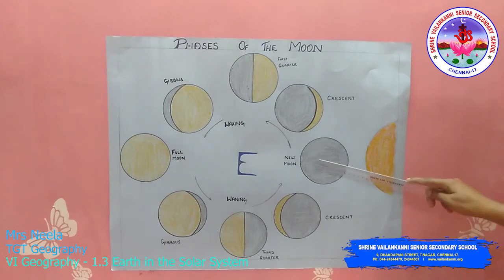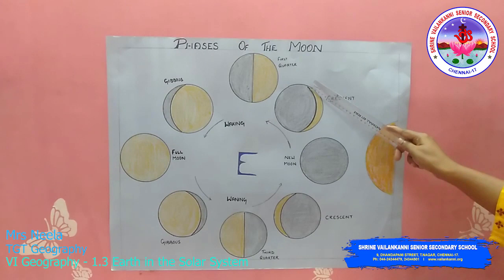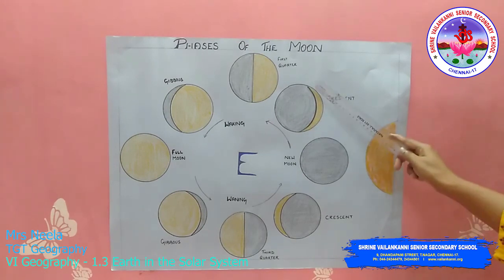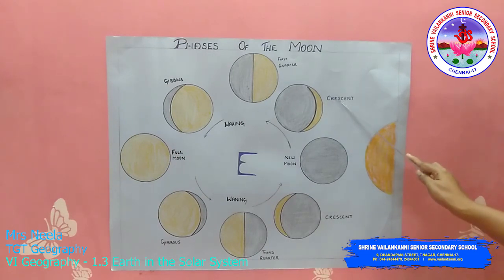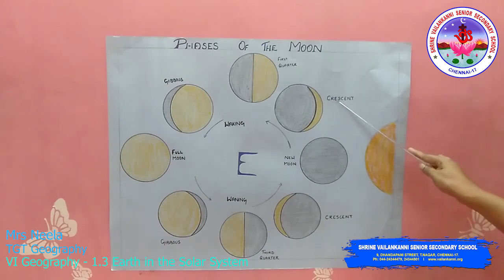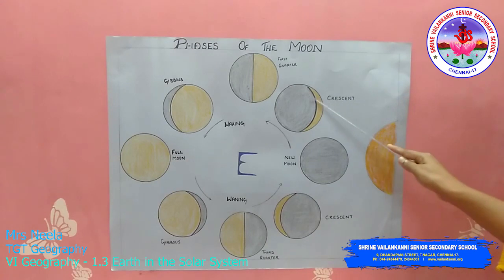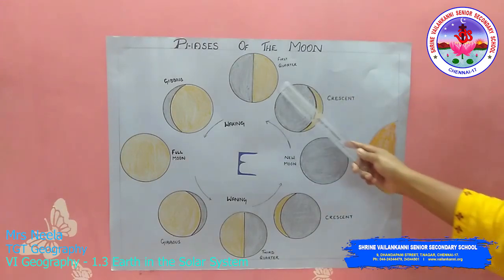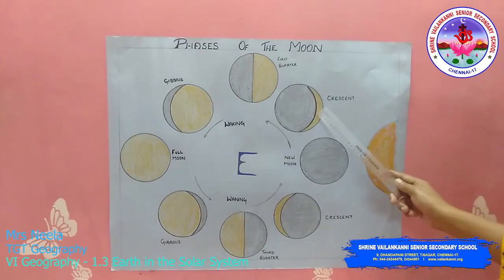Then as it moves towards the left, we can see a silver line of the moon which is lighted, which is called the crescent. Not simply the crescent, it is the waxing crescent. In Tamil they beautifully say it as Valarpirai. Waxing means growing, developing or increasing moonlight.